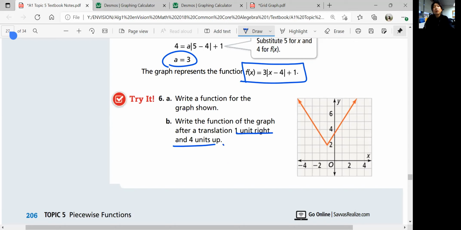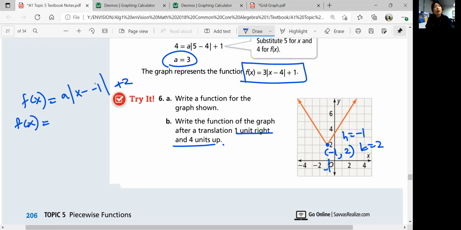All right, part A. Your vertex is (-1, 2). So it means your h is -1, k is 2. So using your absolute value function form, you need to have f of x is a times absolute value of x minus -1, which is +1, and +2, okay?